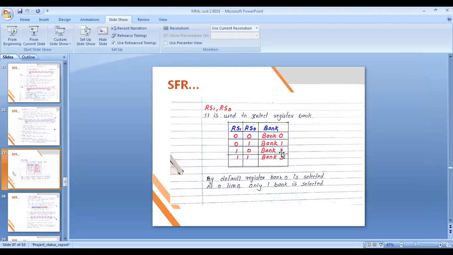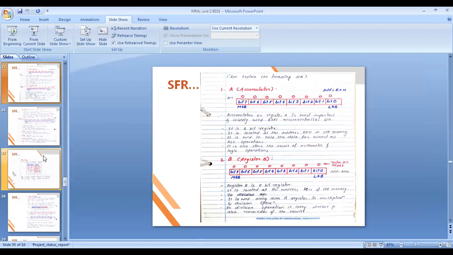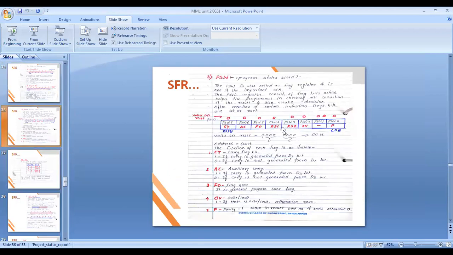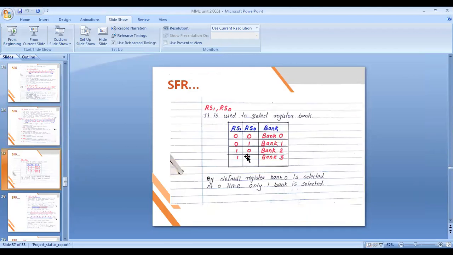So whenever you have written MOV A, R5, that R5 is from which bank? How does the system come to know? It will go towards the PSW register. See here, in the PSW register there are 2 bits, register selection 0 and register selection 1. So according to the status of these 2 bits, it will select the particular bank.